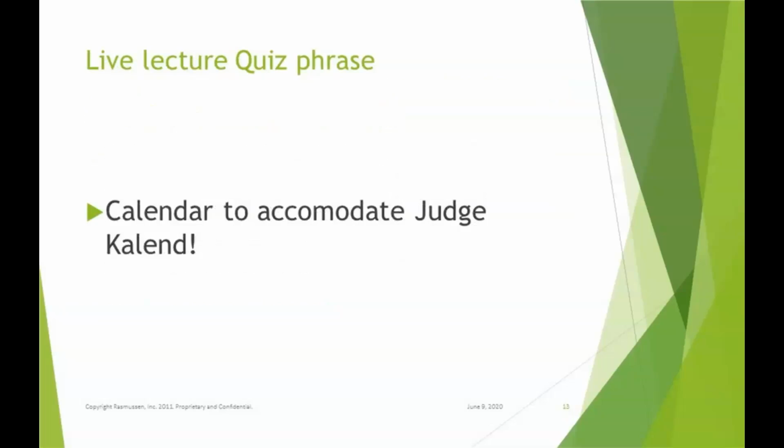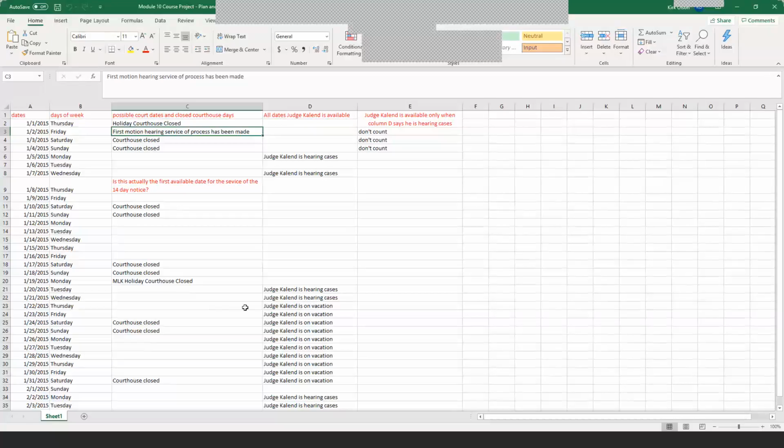And I will show you this. I will open up a PowerPoint. And here's the live lecture quiz phrases: calendar to accommodate Judge Kelland. So now we are showing the PowerPoint.